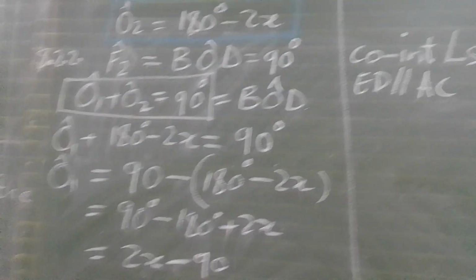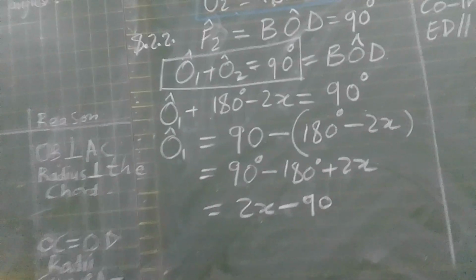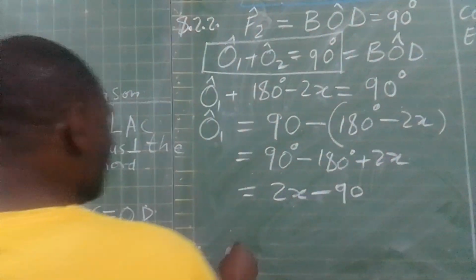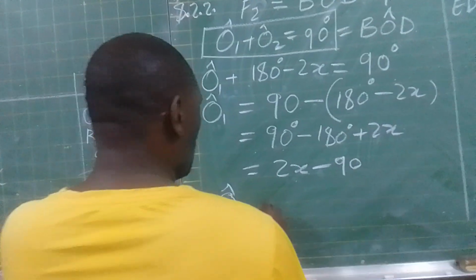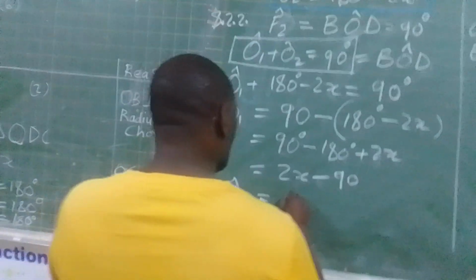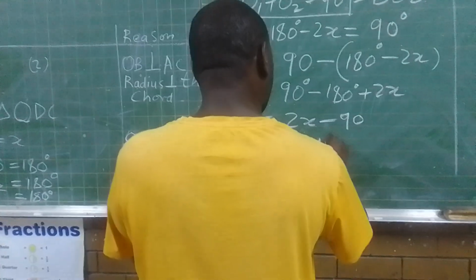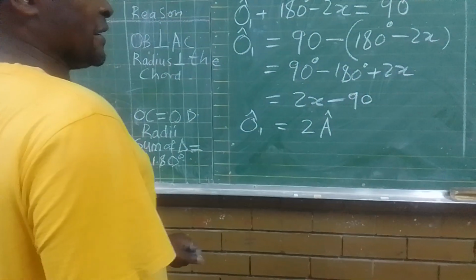Right, let's find A here. We say that angle O1 is equal to twice angle A. What is that?